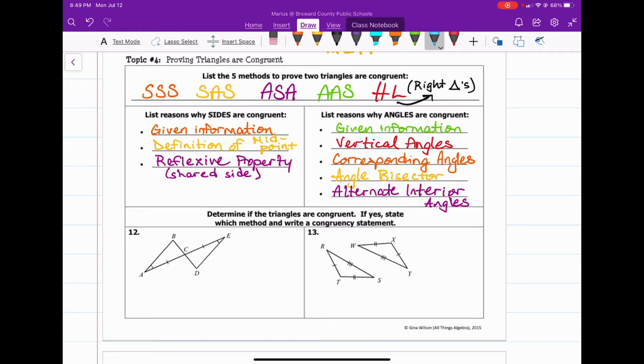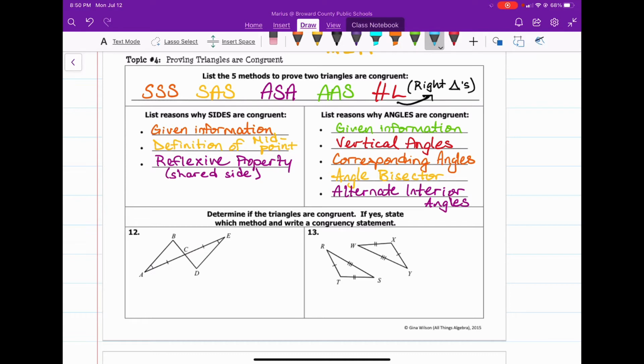Because with the definition of a midpoint, you have the midpoint of a segment, which means that the 2 resulting smaller segments are congruent. Now, the last reason why sides would be congruent is what we refer to as the reflexive property, and in parentheses there, I wrote down, you see written as shared side. That's basically when you see one diagram split into 2 triangles and they share a side.